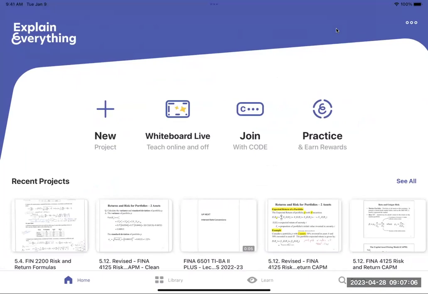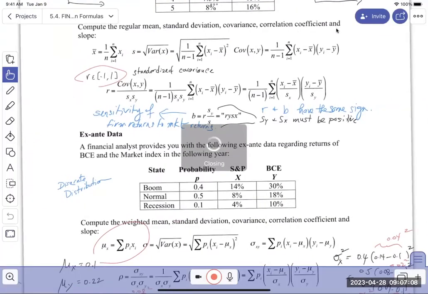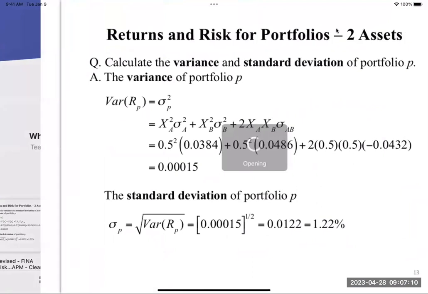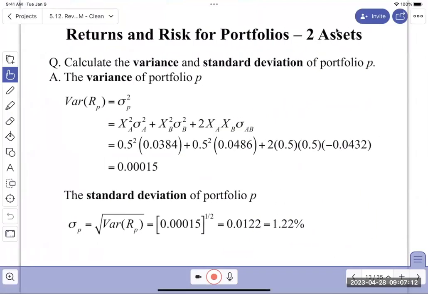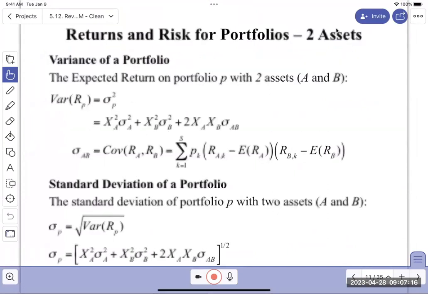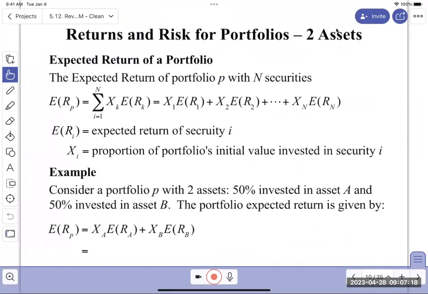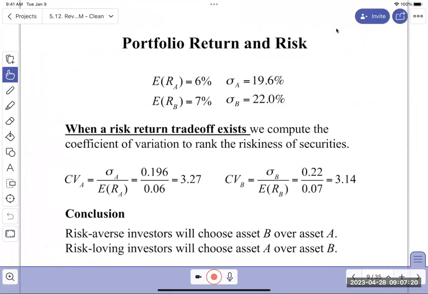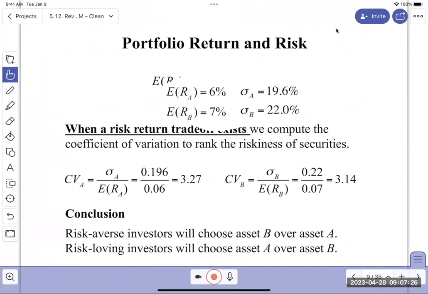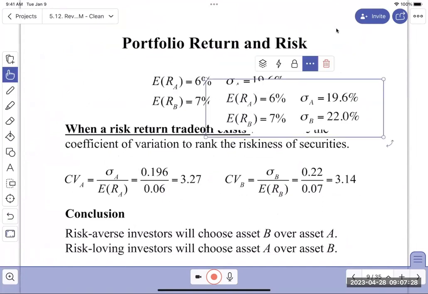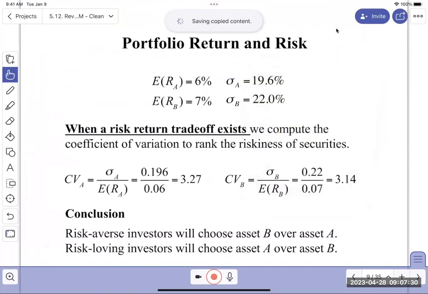And then we got into the set of notes and talked about calculating, given this information back here about two assets, combining them into a portfolio of assets. So this is the information we have about them that we need.